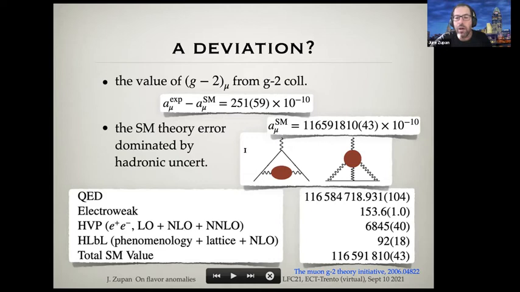The main error comes from the hadronic vacuum polarization, so this type of diagrams on the left. That's shown here now, it's dominated by the error of the hadronic vacuum polarization contribution.